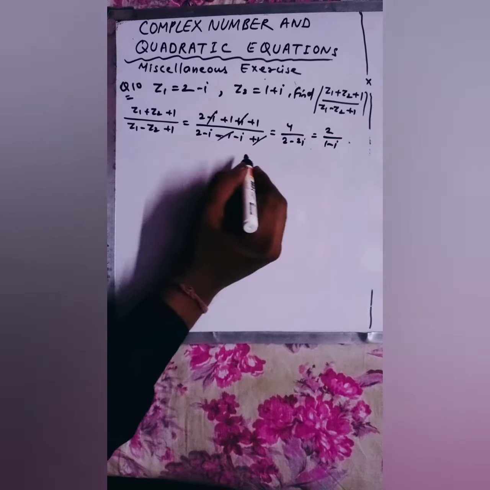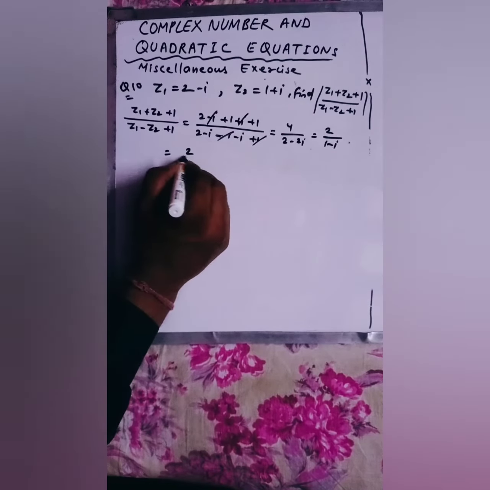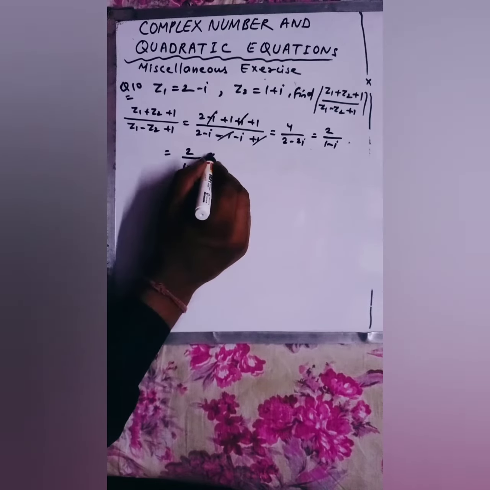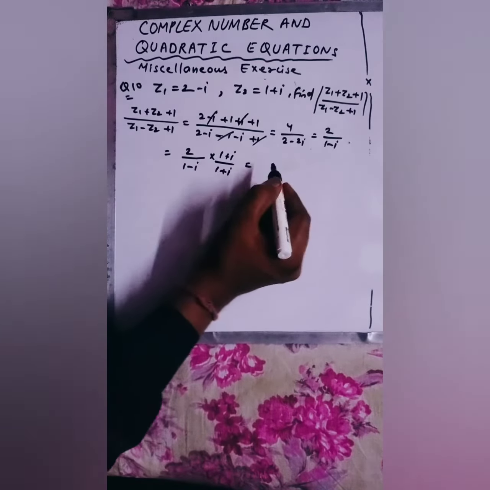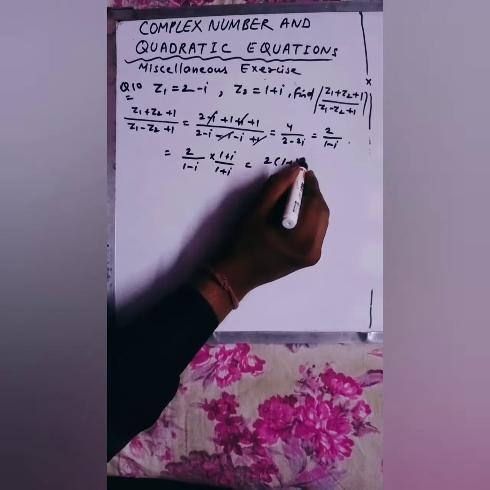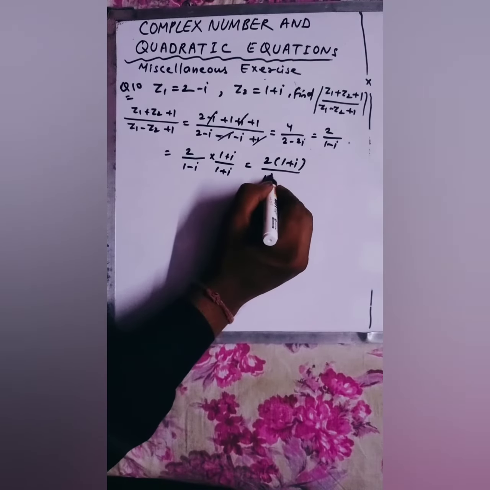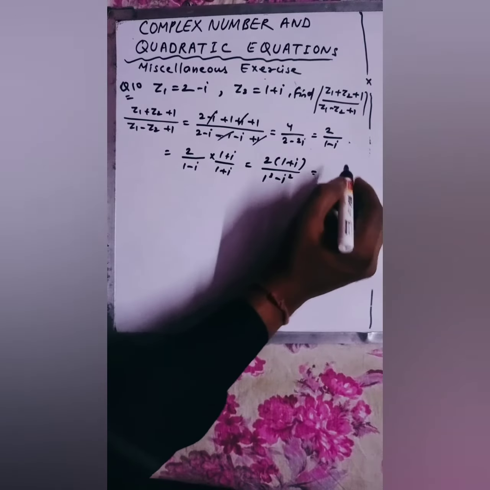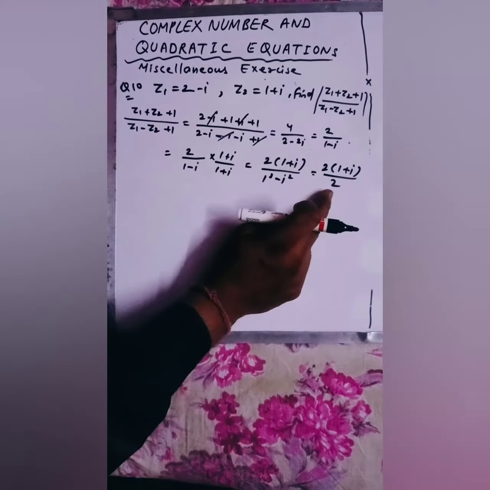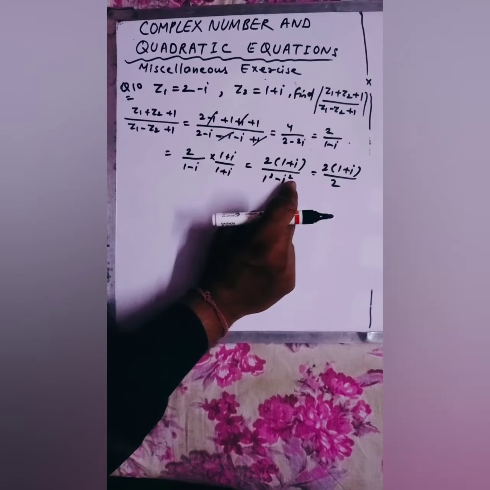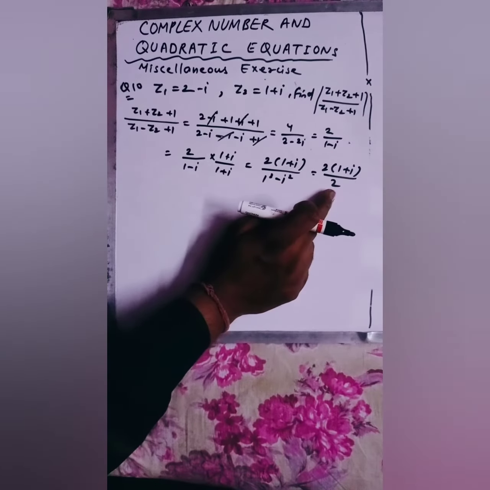In the next step, you just have to rationalize it. When you solve, you will get 1 plus iota over 1 square minus iota square. In the denominator you will get 2, because iota square is minus 1, so 1 plus 1 is 2.